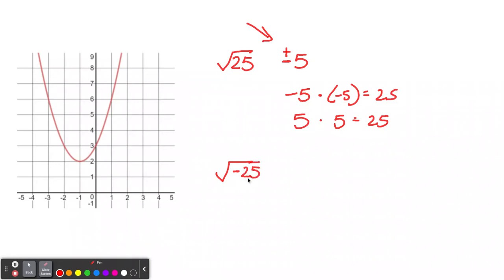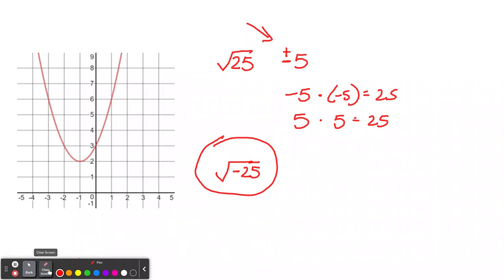It doesn't fit within the real number system because there are no numbers with the same signs, same number, that will give us this. So this is imaginary right here. So let's look at imaginary numbers. And imaginary numbers are also complex numbers, which we'll talk about, not in this video, but in the next video.